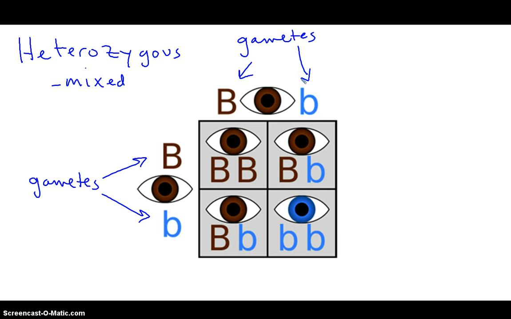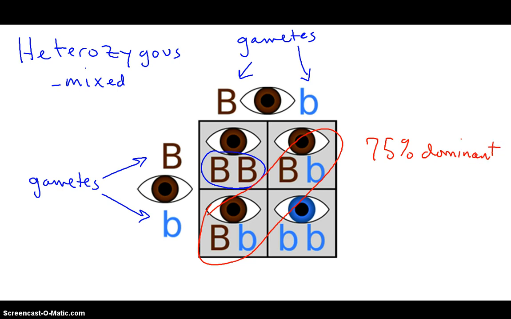And if we go through and do the cross, you'll see there should be one individual that is homozygous dominant, big B, big B. There should be two individuals that are going to be heterozygous, big B, little b. Now, all three of those individuals, or 75% of the total, are going to express the dominant trait.